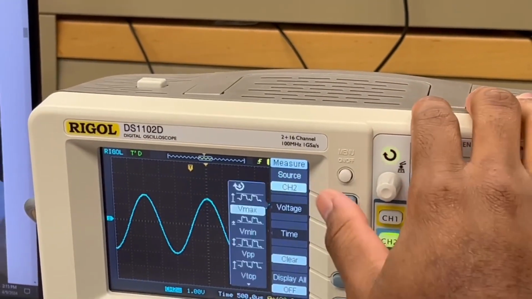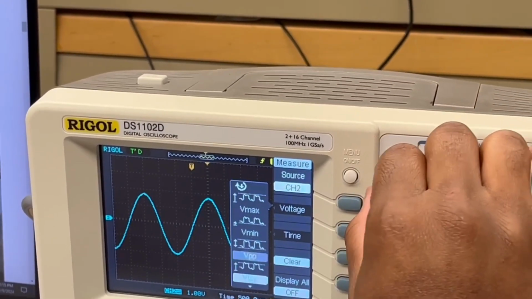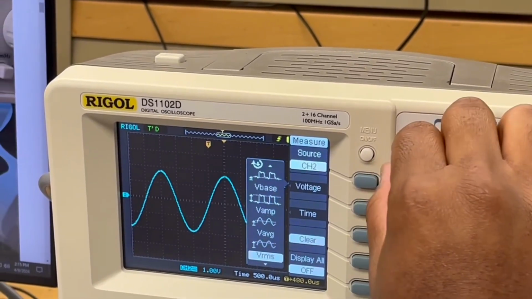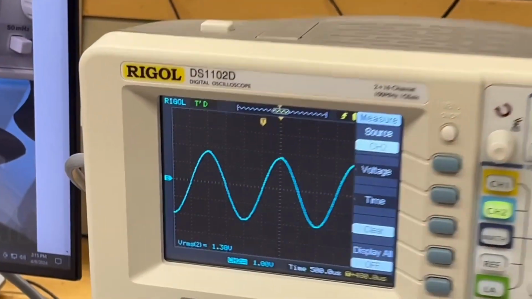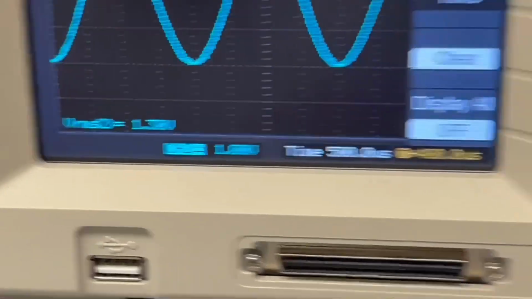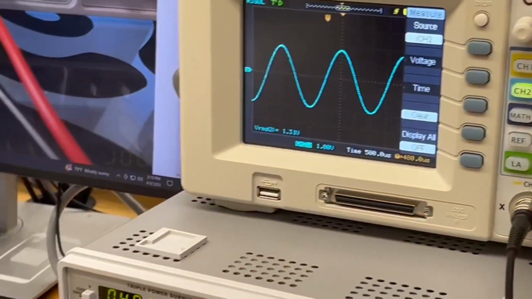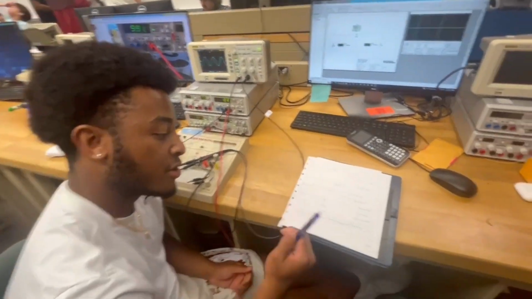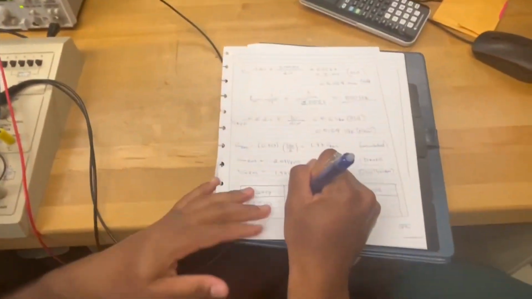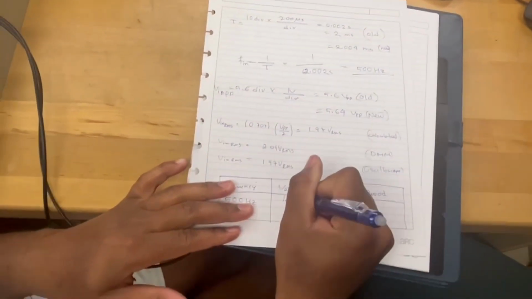Okay, voltage and then V2 RMS. It'll be 1.30. It's almost the same, damn near the same, right? So after we got our V2 RMS, which was 1.30, it should be volts.